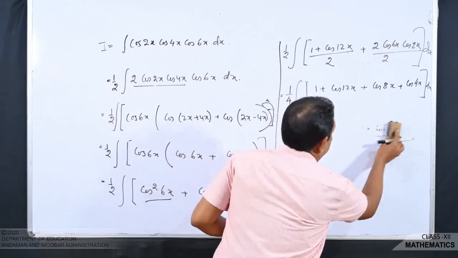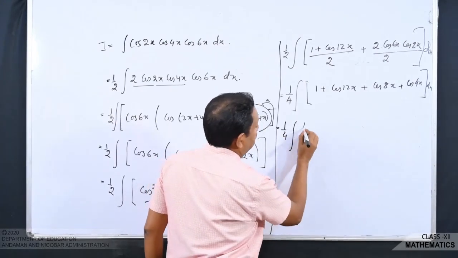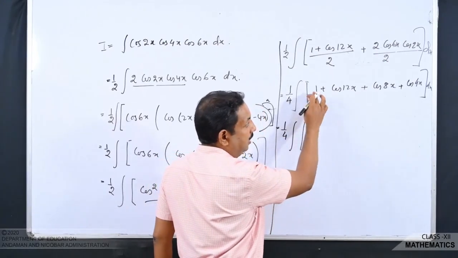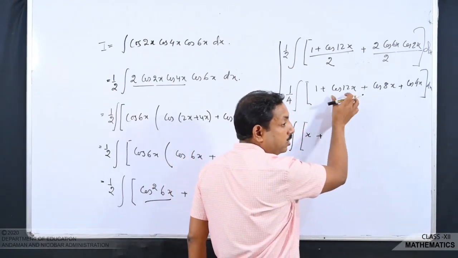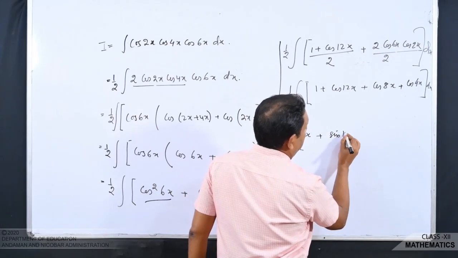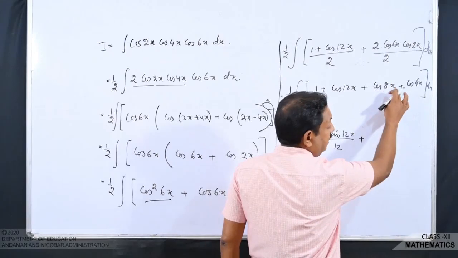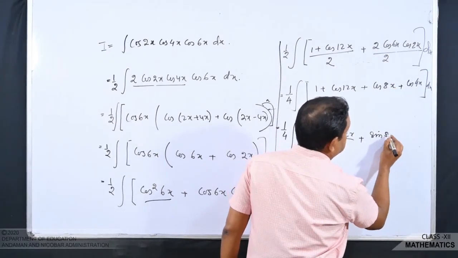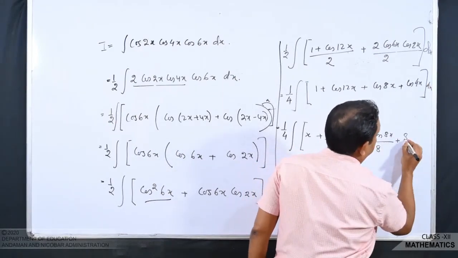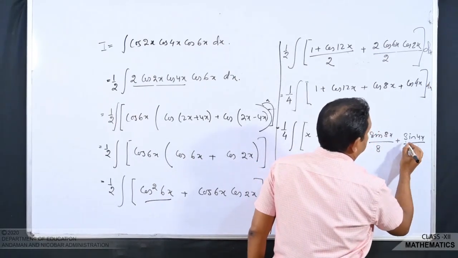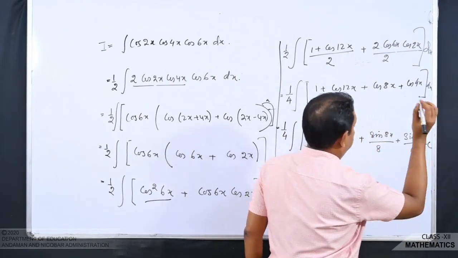Like what we can have now, that is 1/4 integration, integration of 1 simply gives x, integration of cos 12x is sin 12x by 12, plus cos 8x gives sin 8x by 8, and cos 4x gives sin 4x by 4, and plus c.